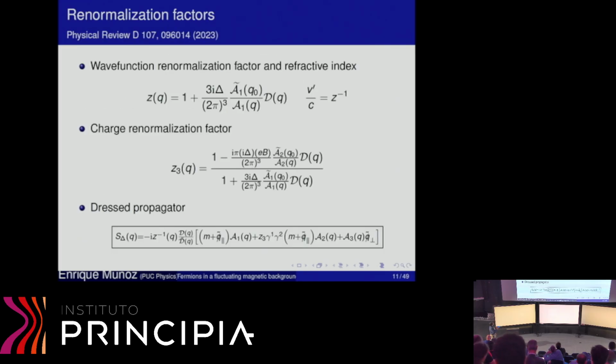So we have closed analytical expressions for these renormalization factors, both Z that I just described, which determines the refractive index, and also another factor, Z3, that acts like a charge renormalization factor in the coupling with the sigma 3, which is basically a spin in the standard Schwinger propagator.